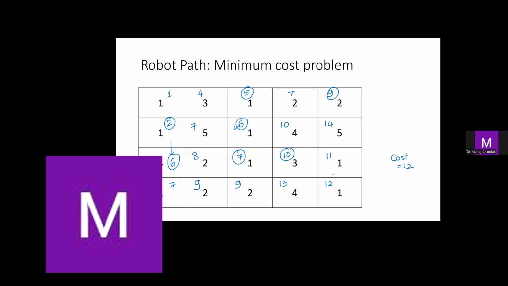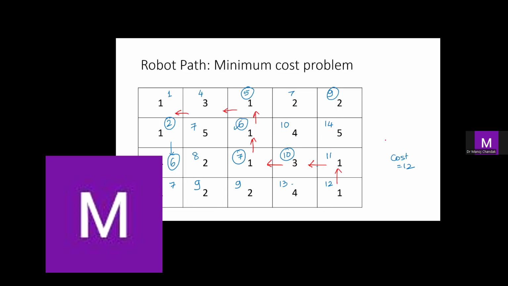Now, to find the path, out of these two, the minimum cost was 11. So we move upward. Out of these two, the minimum cost was 10. So we move this side. Then we move upward. And out of these two upward, and since we don't have any option, we go here.